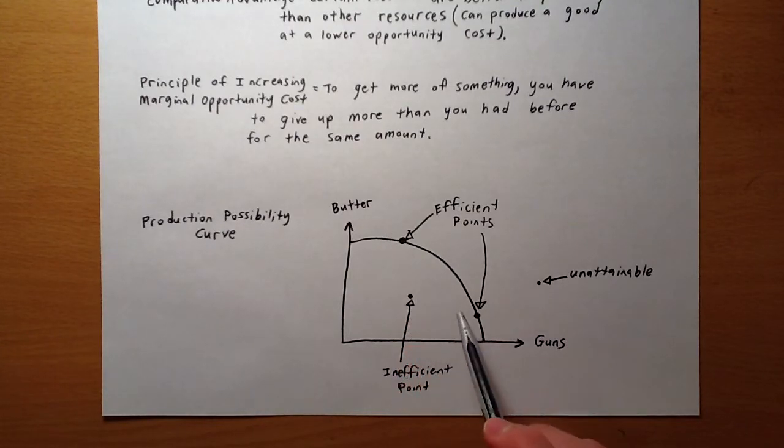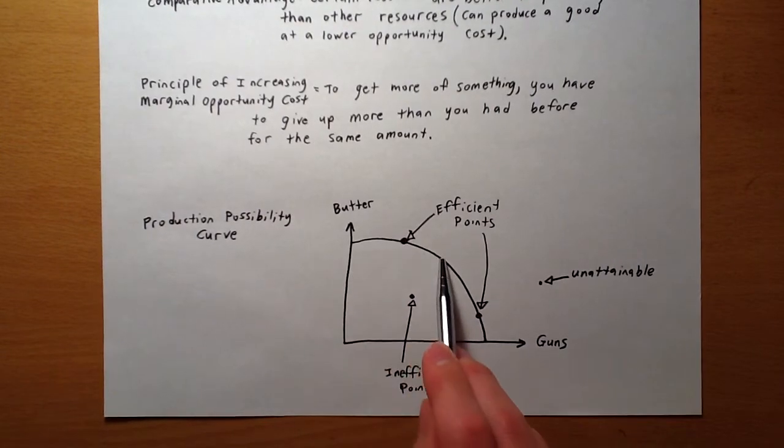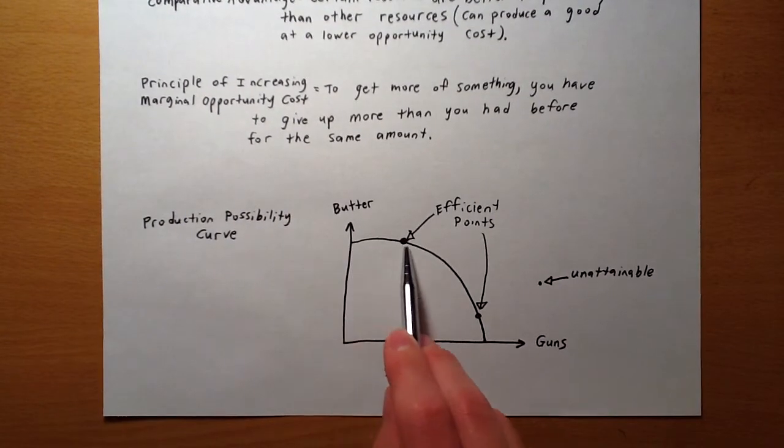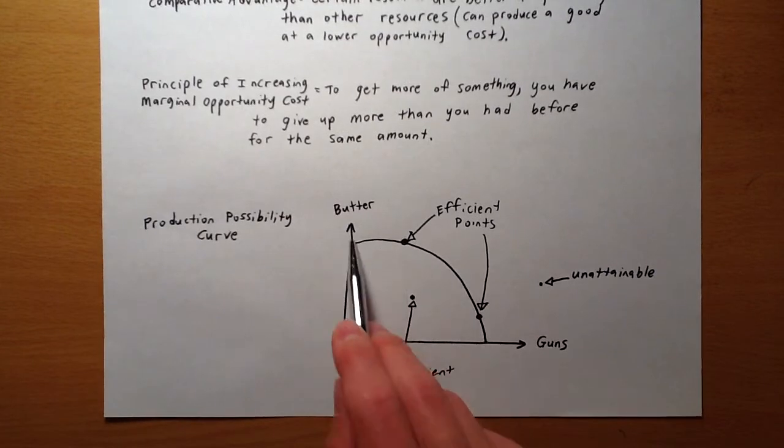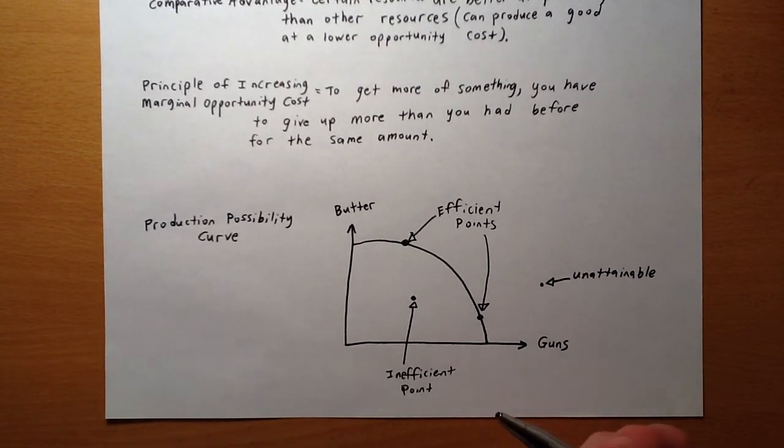And if we're right here, we have the people who are best at producing butter, and we have people who are best at producing guns, because some people are better at producing certain goods than others. So that's why the PPC, the production possibility curve, is sloped like this, but not a straight line, because certain resources are better at making goods than other resources.